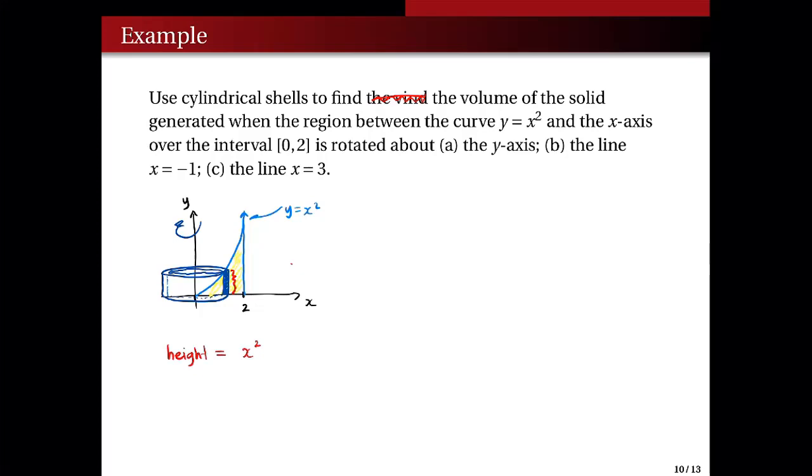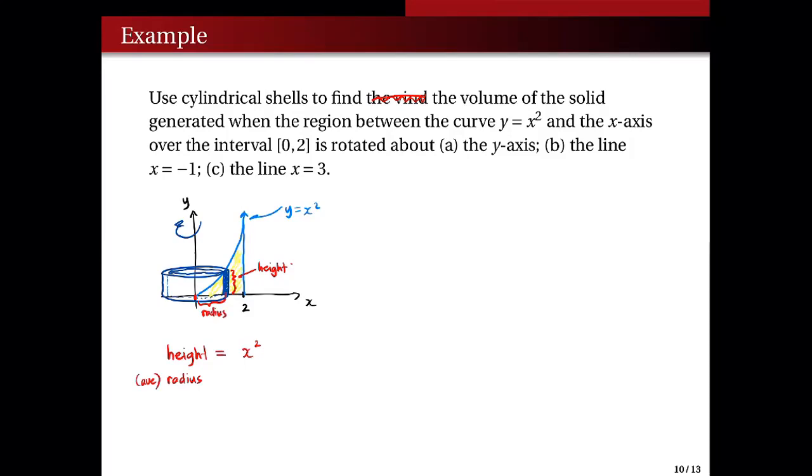The radius, so let me label this as your height. The radius, or the average radius, is from the center of your strip going to the center of your shell. So this is your radius.